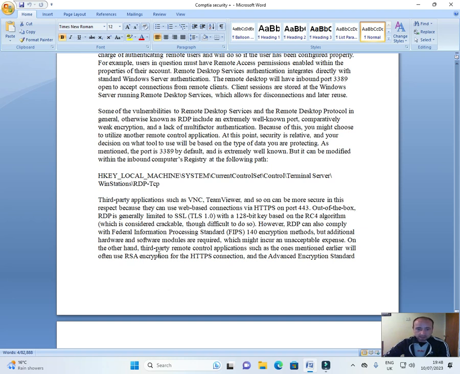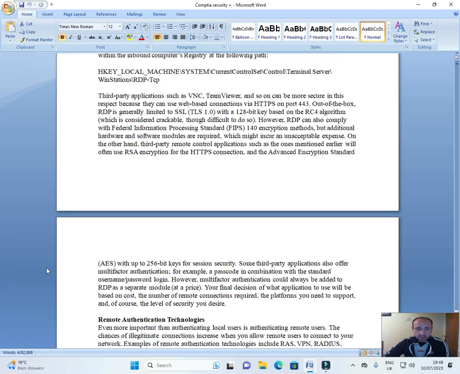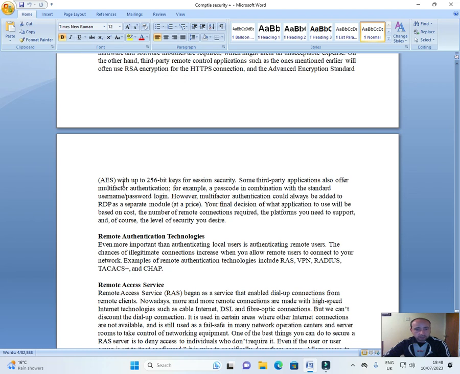On the other hand, third-party remote control applications such as the ones mentioned earlier will often use RSA encryption for the HTTPS connection and the Advanced Encryption Standard, AES, with up to 256-bit keys for session security.